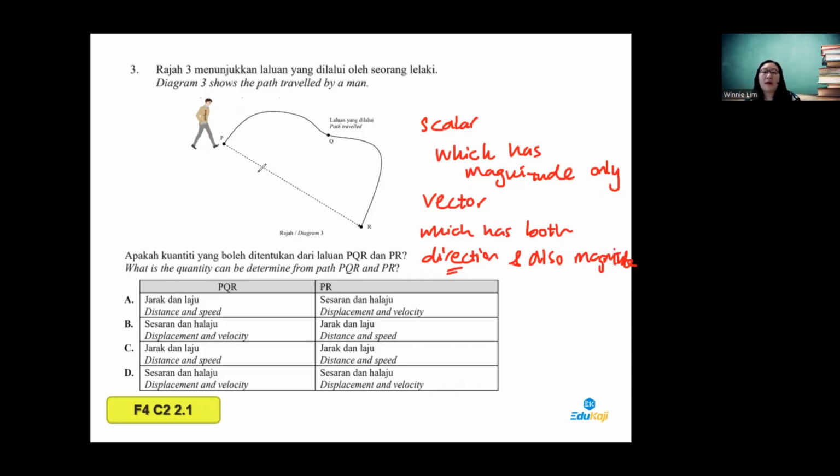If you recall, under scalar you have quantities like distance, while vector is displacement. Then speed is scalar, but velocity is vector.